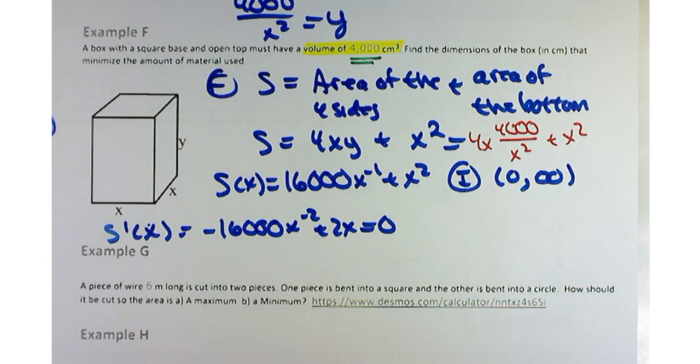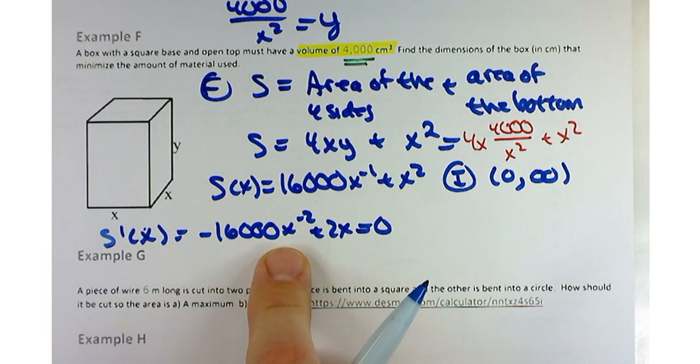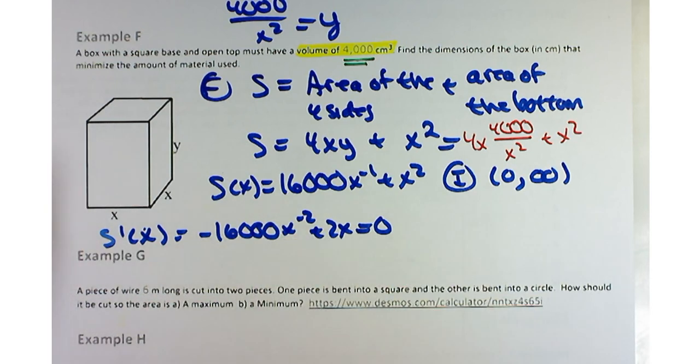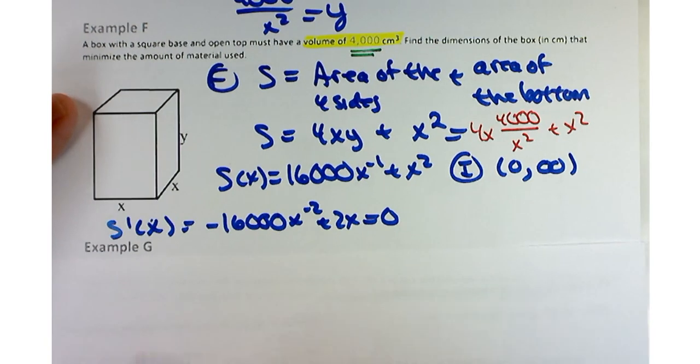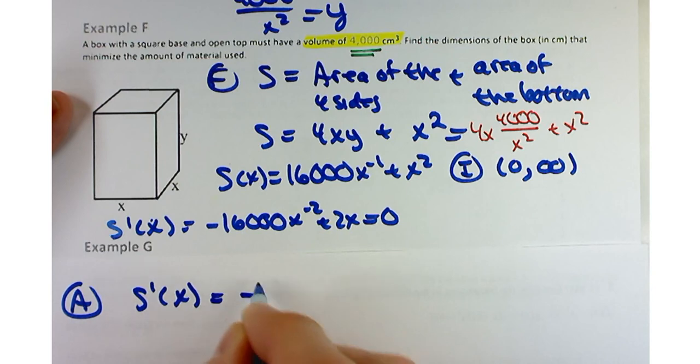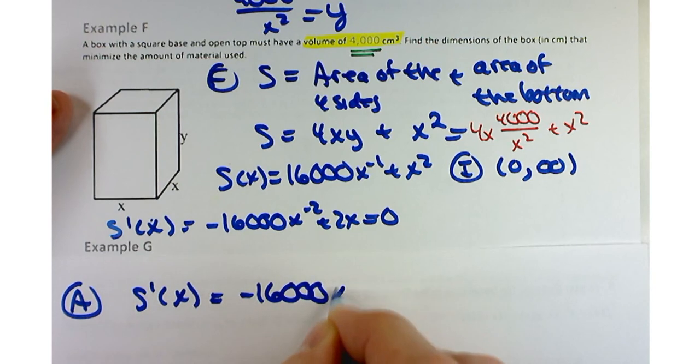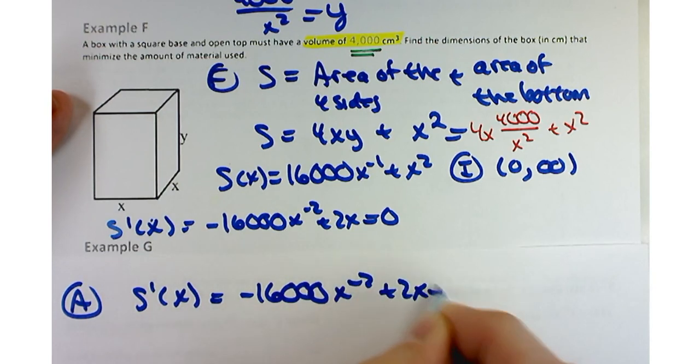Now, a couple ways you could solve this one. Let me try and take my time a little bit more with solving it so that way I give you something that is useful rather than anything else. So this is the analysis part. S prime of x is negative 16,000 x to the negative second plus 2x equals 0.